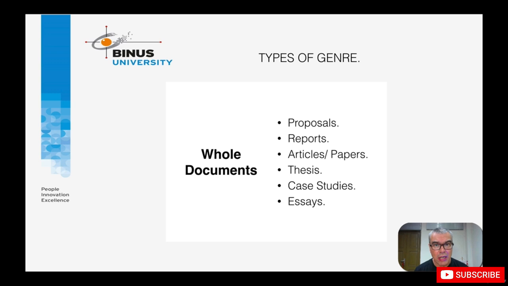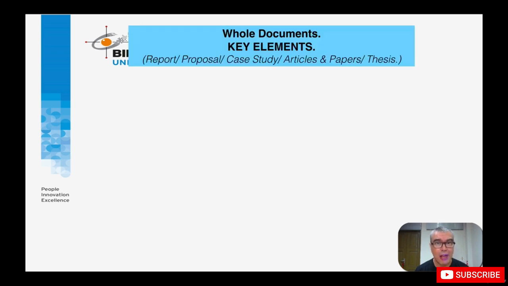Now, there are a number of key elements that you need to include for these types of documents. So I'd just like to go through these key elements with you. These are the key elements that are particularly important when we're talking about reports, proposals, case studies, articles and papers, or theses. The essay I'll talk about next because they are slightly different.